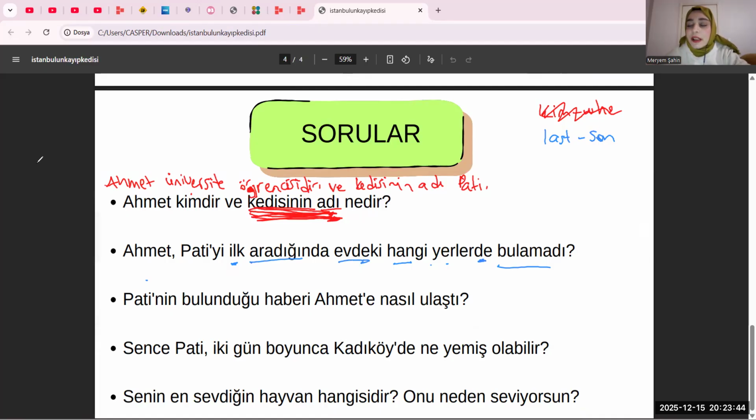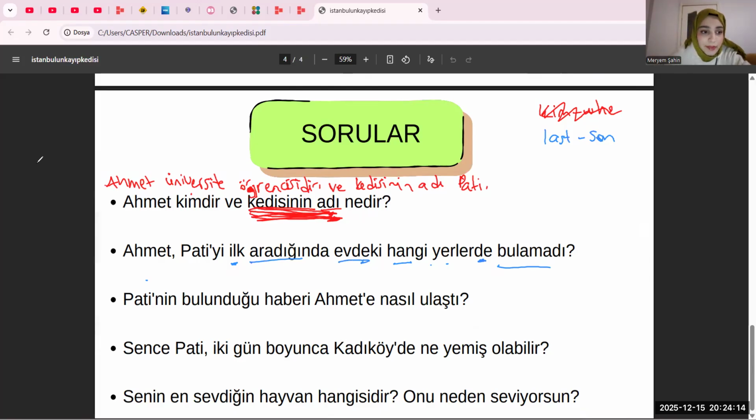I remember, if I'm not mistaken, he went to check under the bed, above the chair. I'm trying to remember if he went to check the window, but I don't think so, because in the second page, the lady told Ahmet that Pati jumped over the window.